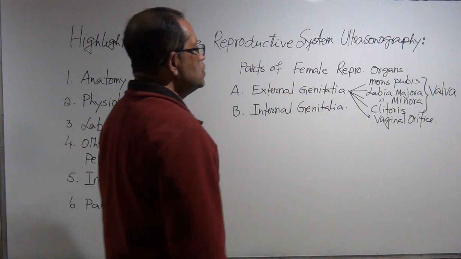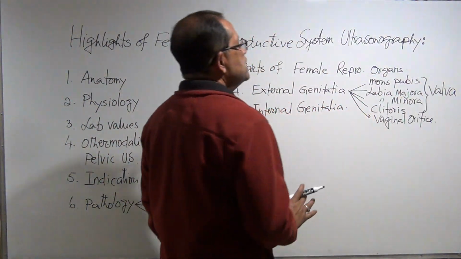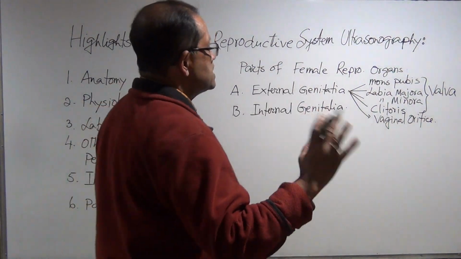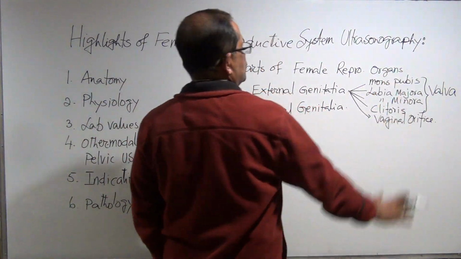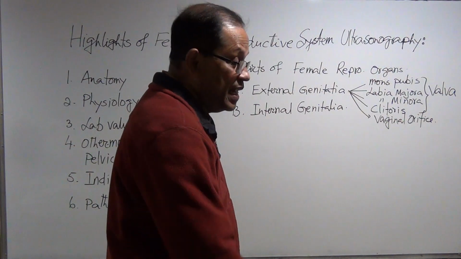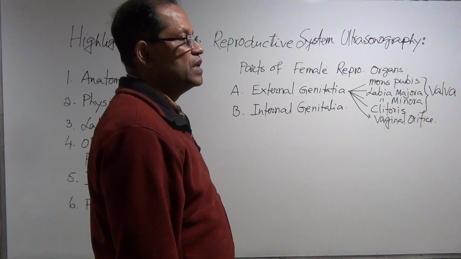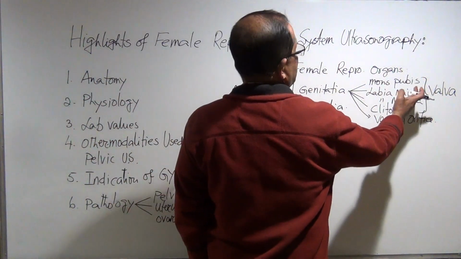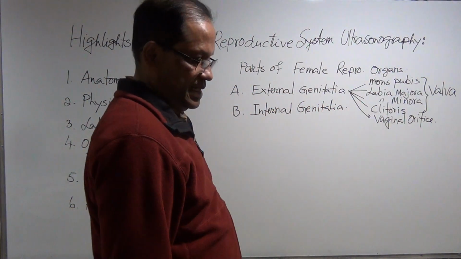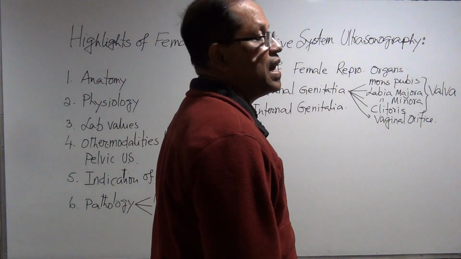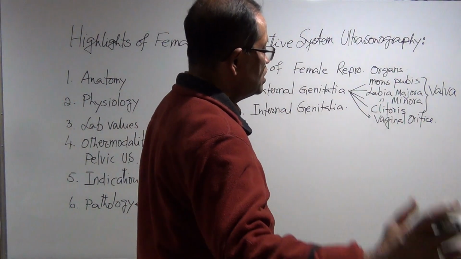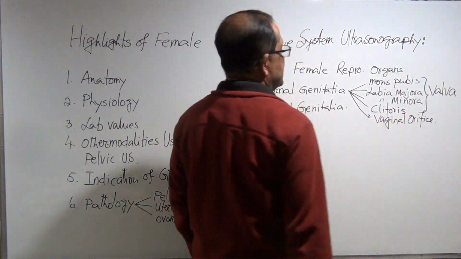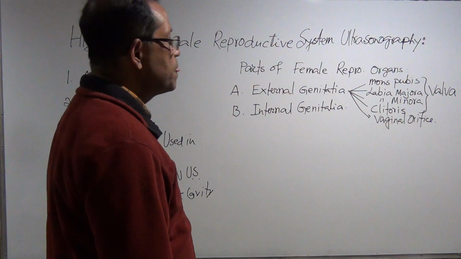It has little importance, as we usually don't scan all those structures unless there is some indication. For example, there might be an inguinal hernia or a femoral hernia, mostly femoral hernia. At that time we need to scan the labia part.